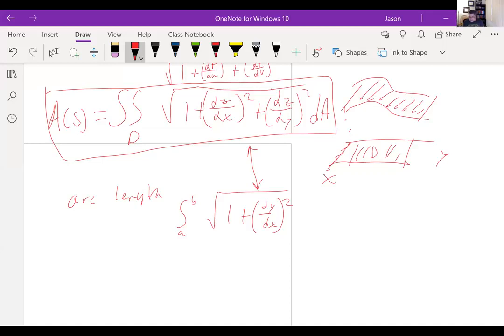We have an arc length formula L in basically two dimensions, and arc length in 2 dimensions is very analogous to surface area in 3 dimensions. That's kind of cool.